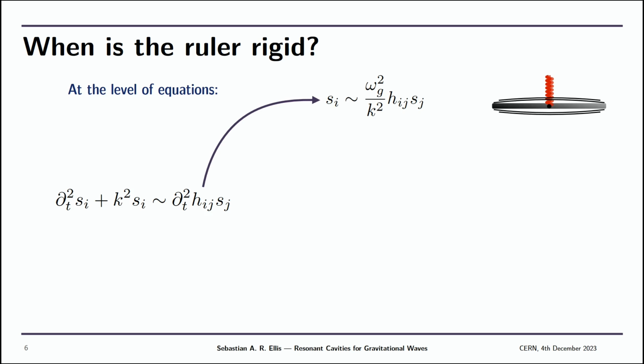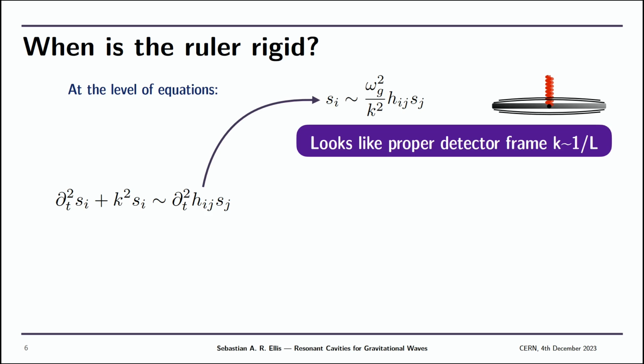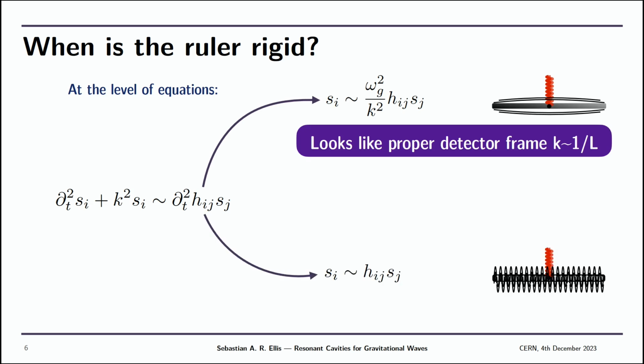And so I can just straightforwardly solve for the displacement, and I'm going to find that it goes like omega g times some length scale squared, because you can imagine that this k is somehow associated to the length scale, 1 over L.